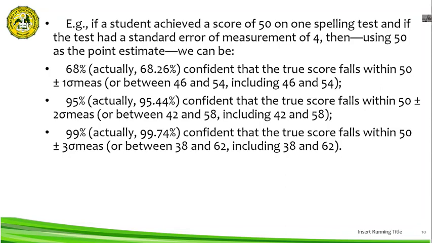So, as far as I know, the formula is score plus or minus 2.58 times the standard error of measurement. But the result is different from the one in the book. So, I don't know which is correct.